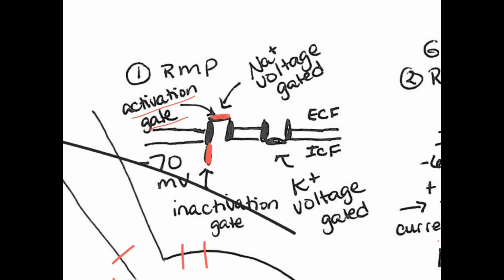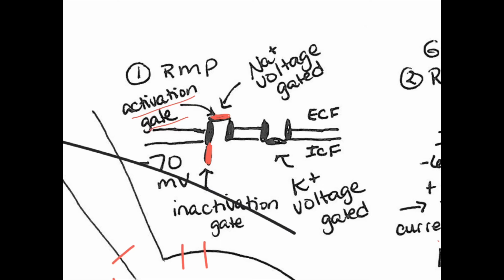The inactivation gate also has to be open to allow sodium to come in. If that inactivation gate is closed, you cannot get an action potential to occur. There's no stimulus big enough that's going to cause that inactivation gate to open, right?